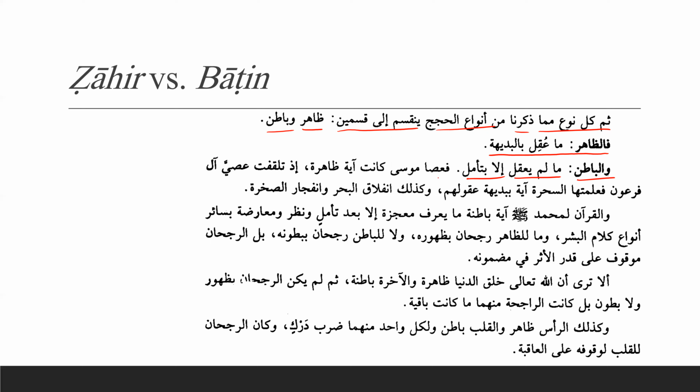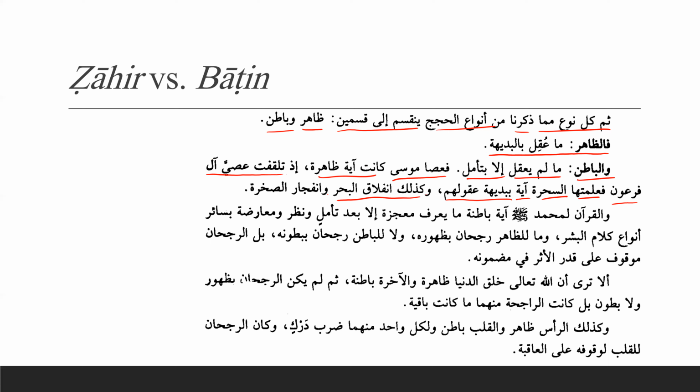For example, he says, the staff of Moses, alayhi salam, was an evident sign because it swallowed up the staffs of the sorcerers of Pharaoh, and so the sorcerers immediately knew it as a sign, as a clear sign, without further reflection. It was immediate knowledge to their intellects.